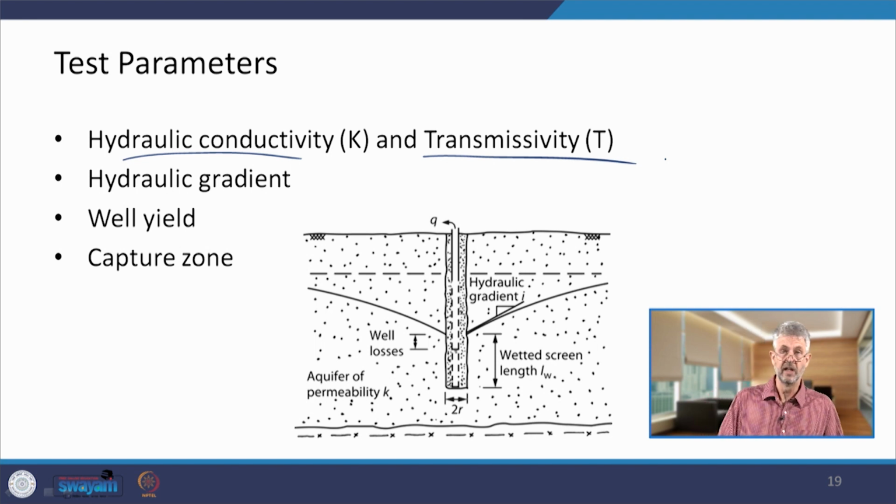We need to know the hydraulic gradient, that's the steepness of the water table, which tells us about the velocity by which the groundwater moves, and many other things. We also need to know the well yield, how much water can be pumped. That determines, for example, the size of the pump. Does it have to be a 5 horsepower pump, 10 horsepower pump? Does it need 220 volt? Whatever. It gets technical very quickly.